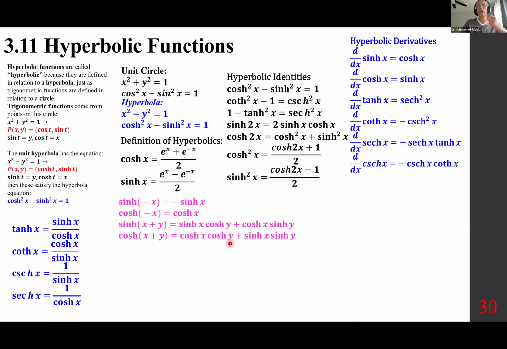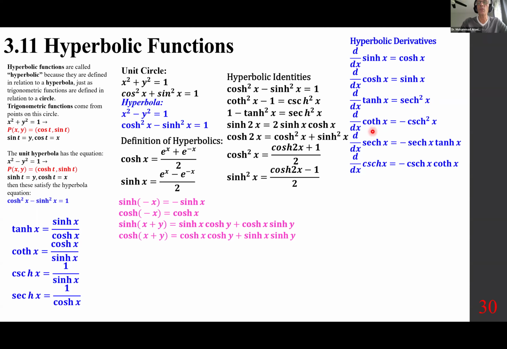Now, when you take the derivative of sine, you get cosine. So the derivative of sinh is cosh. When you take the derivative of cosine, you get minus sine, but the derivative of cosh is positive sinh. So there are some differences. The derivative of hyperbolic tangent is hyperbolic secant squared x.